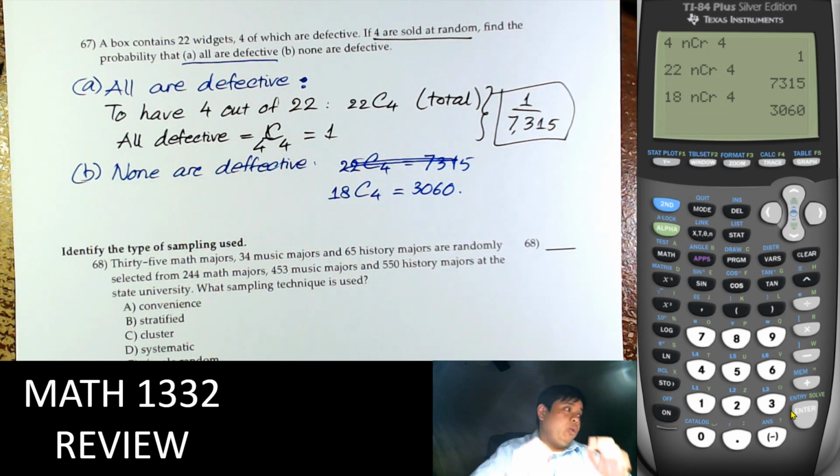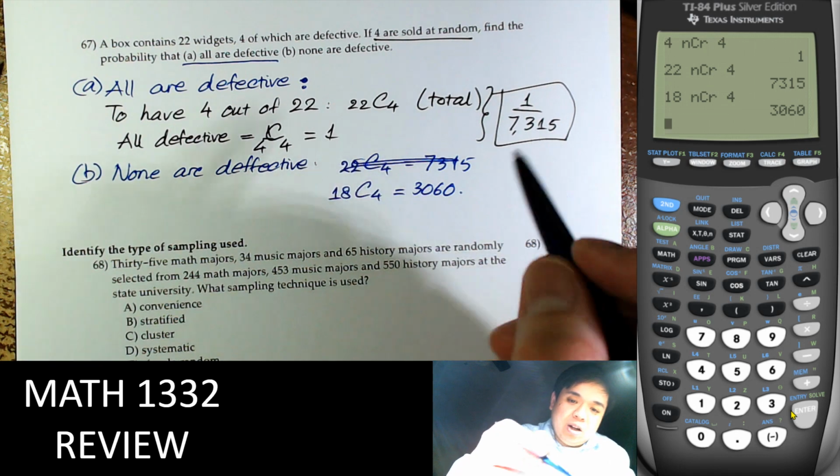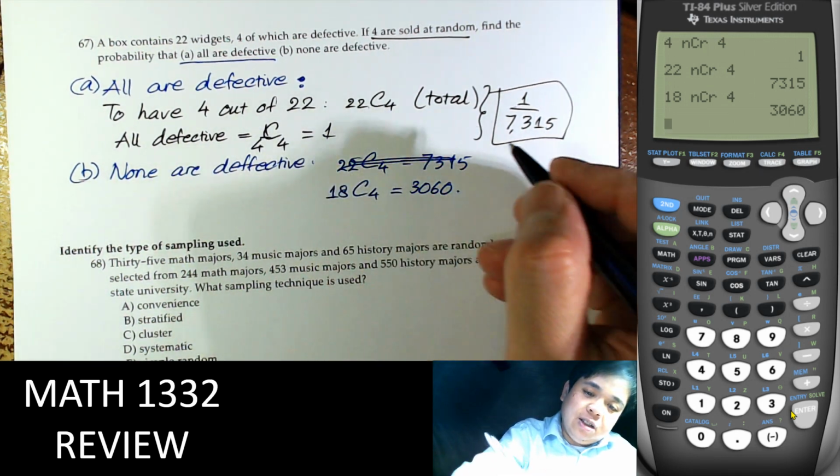So in this scenario we have 3060, and we just divide by the total.